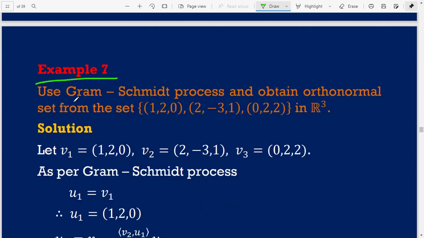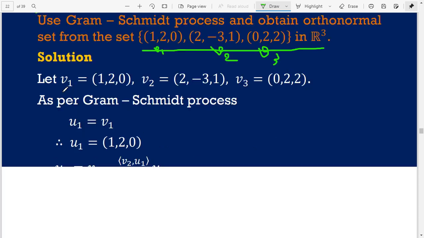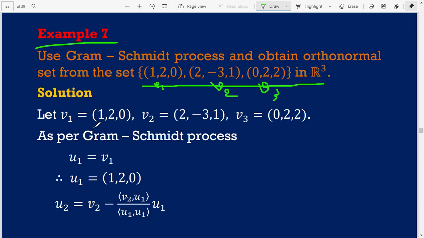Example: use the Gram-Schmidt process and obtain an orthonormal set from this set. We consider these as V1, V2 and V3. Solution: as per the Gram-Schmidt process, U1 is equal to V1.